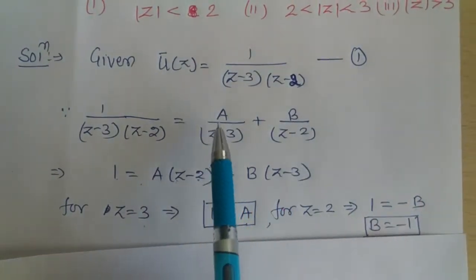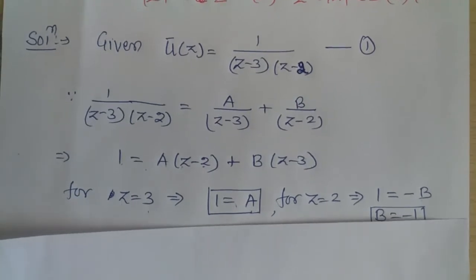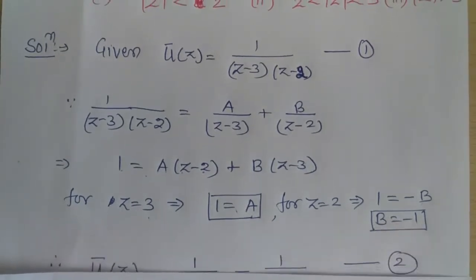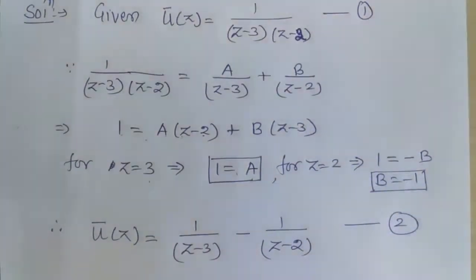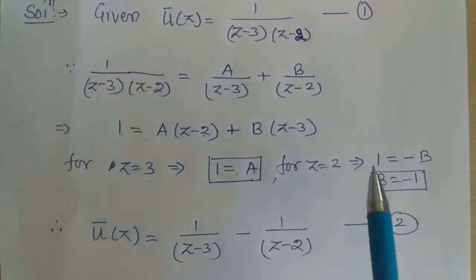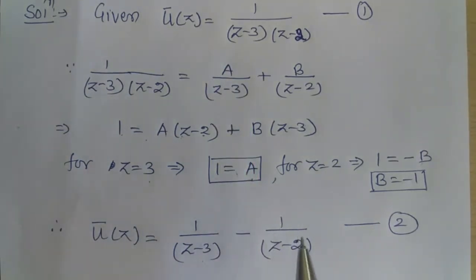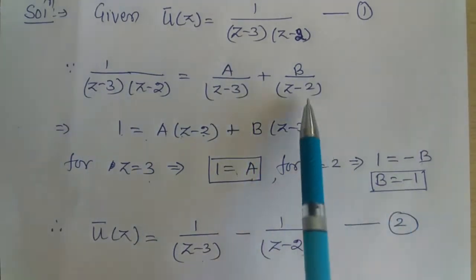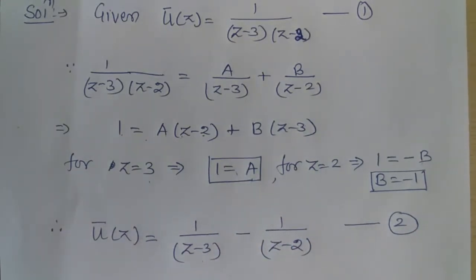So we find the values of A and B, and therefore the partial fraction of U bar z is U bar z equal to 1 upon z minus 3, minus 1 upon z minus 2. So this is the partial fraction of U bar z.